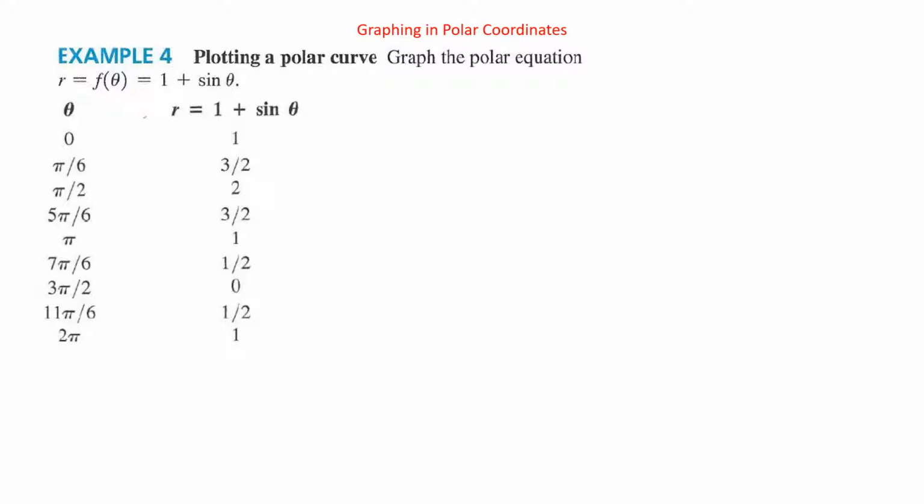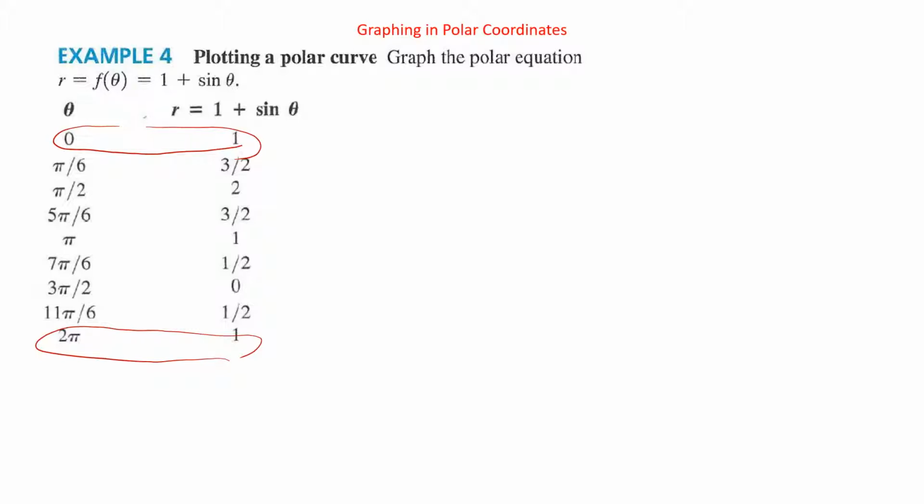Notice at the beginning and at the end, it's equal to each other, which means it'll connect. And so now we could plot these points. We have the radius over on the right and the angle on the left. We can plot those points on our polar graph and then connect the dots using a smooth curve.